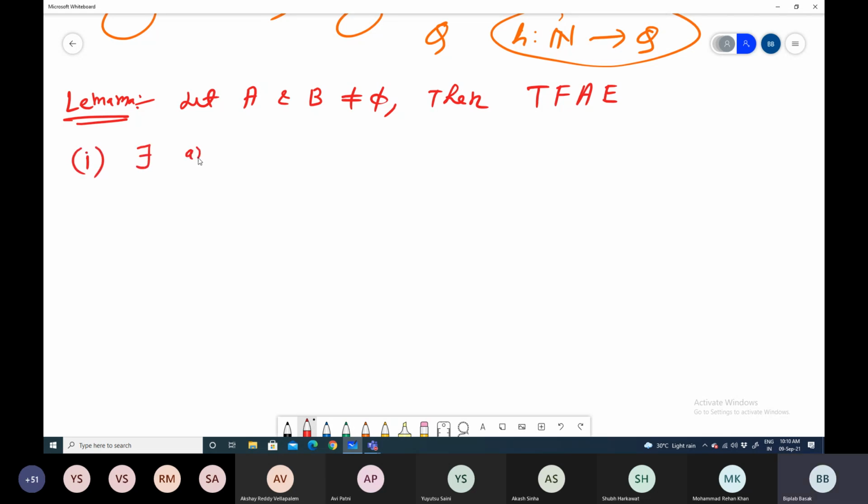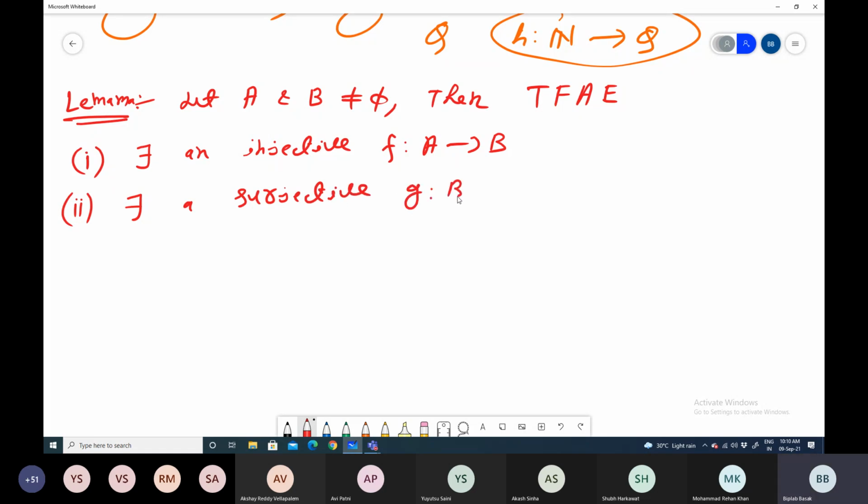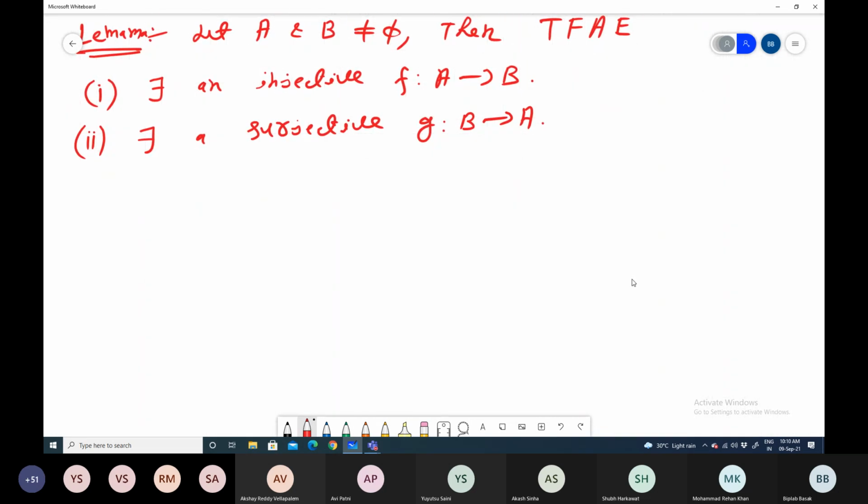One, there exists an injective function f from A to B. Two, there exists a surjective function from B to A. Okay, so one implies two.